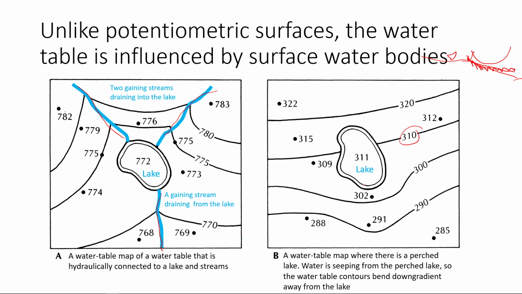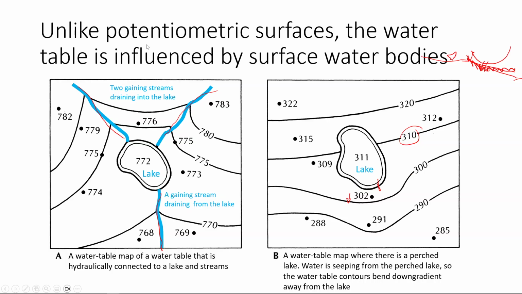And downstream here, the water table map shows the perched lake water seeping from the lake, so the water table contour is bending downward. Even though this is a confining layer, water will still seep through here, and you see this bending, so it will impact your water table.